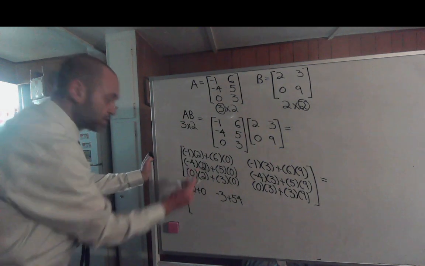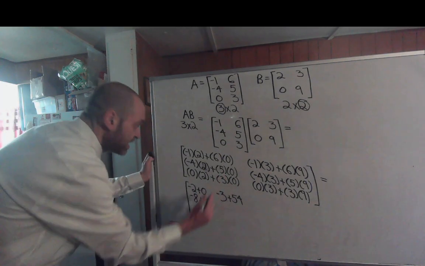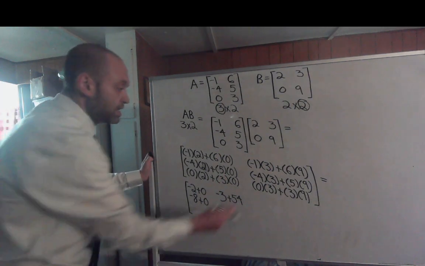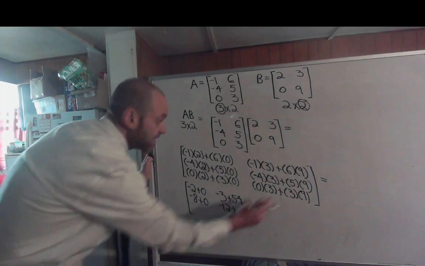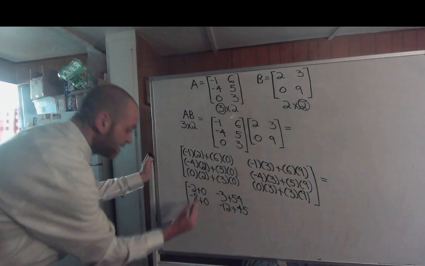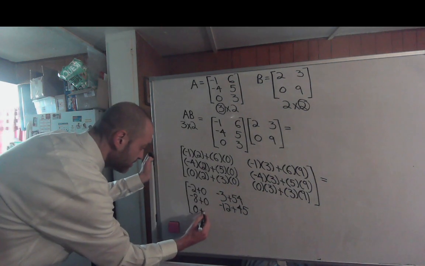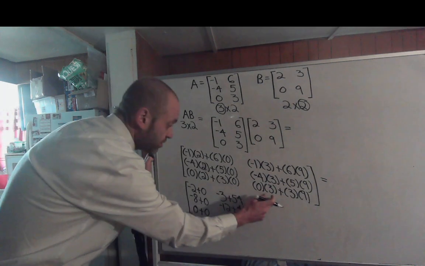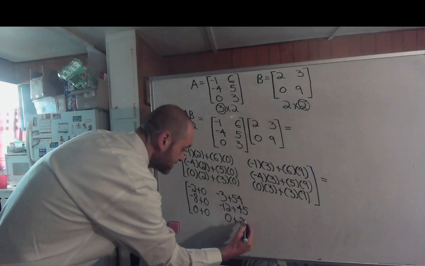Alright, negative 4 times 2 is negative 8, plus 5 times 0 is 0. Negative 4 times 3 is negative 12, plus 5 times 9 is 45. 0 times 2 is 0, plus 3 times 0 is also 0. 0 times 3 is 0, plus 3 times 9 is 27.